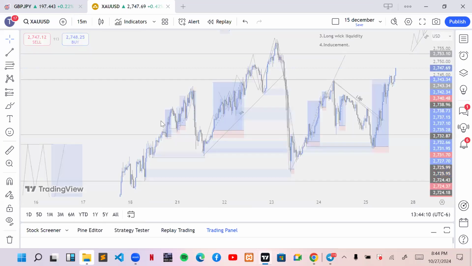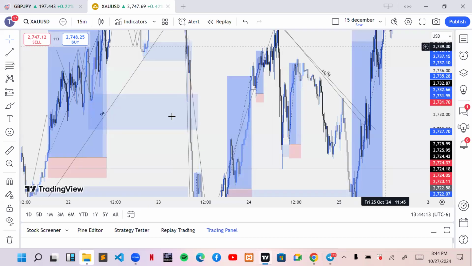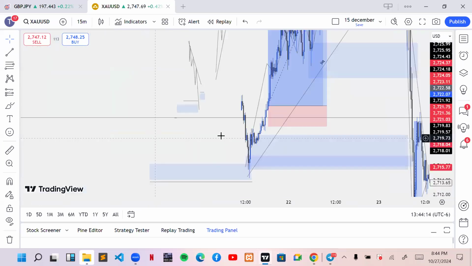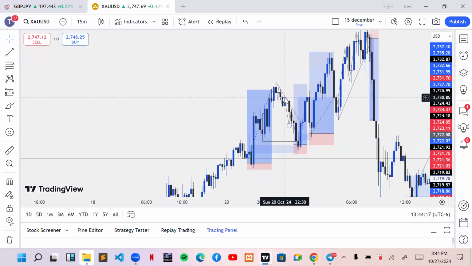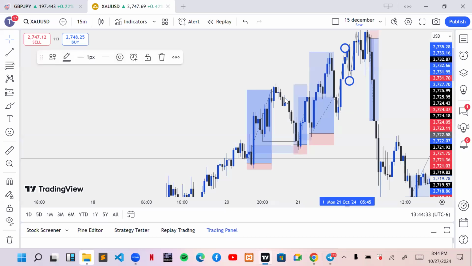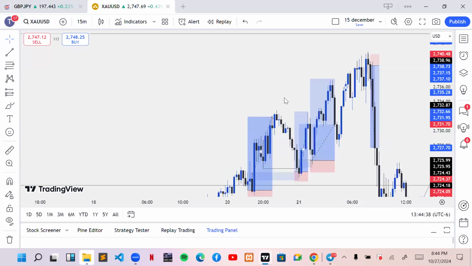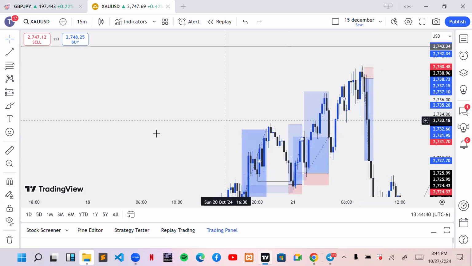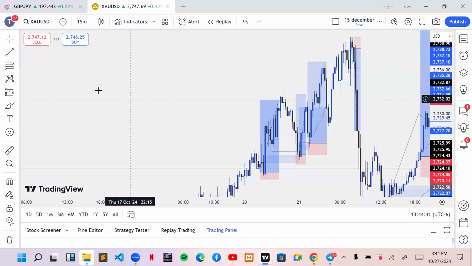The buy setup I had on gold. Okay, from here.